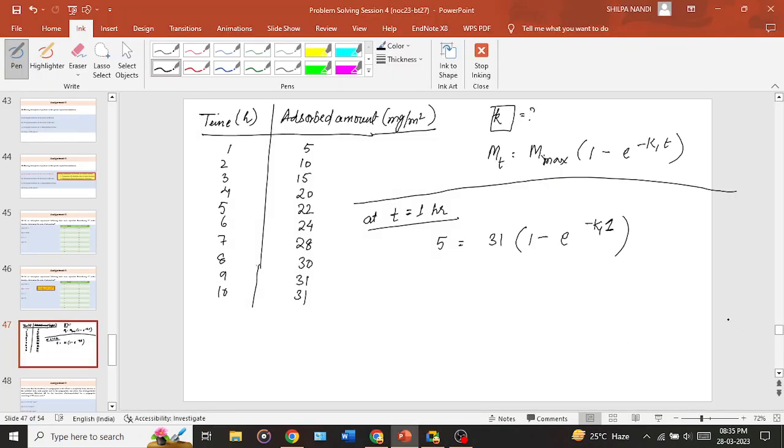Okay, so it will become 5 by 31 = 1 - e^(-k into 1), right?